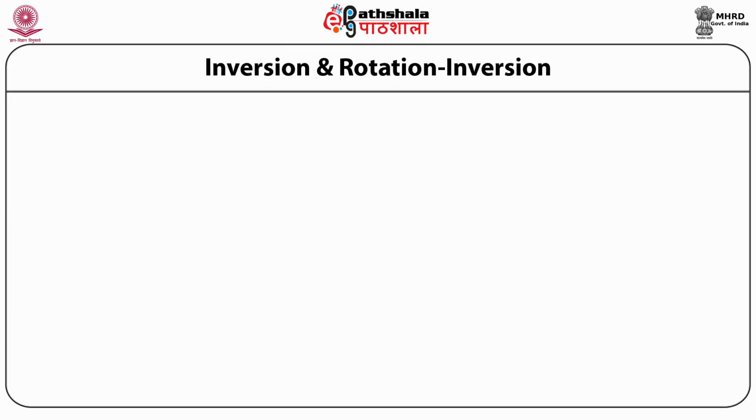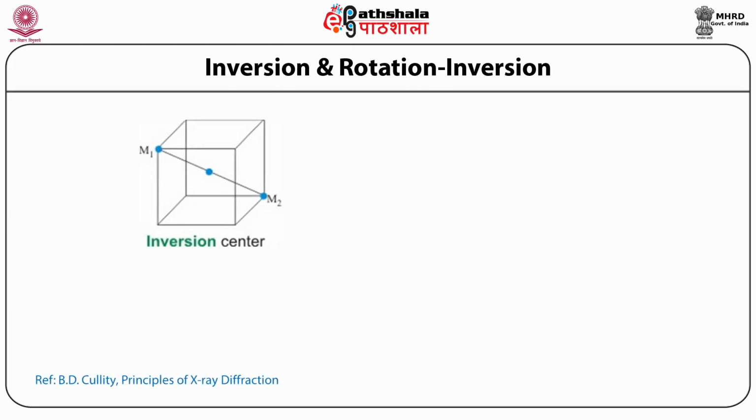Inversion and rotation inversion. First, we will discuss inversion. A point is an inversion center if every point on the lattice reproduces another lattice point equidistant from the inversion center, on a line joining these two lattice points and also passing through the inversion center.